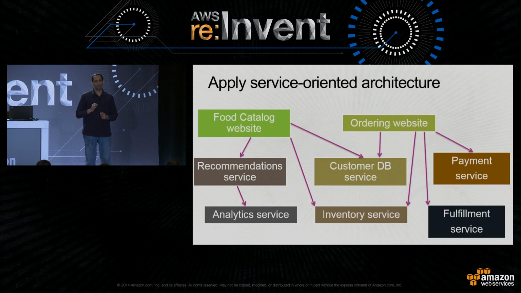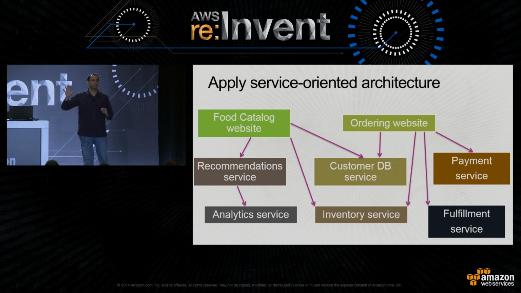The next principle we see our customers apply very effectively is service-oriented architecture. I think every one of us is familiar with it. It's about dividing a big business problem into manageable parts. And each service, or that manageable part, is a unit of functionality and has a very clearly defined contract with other parts of the system.